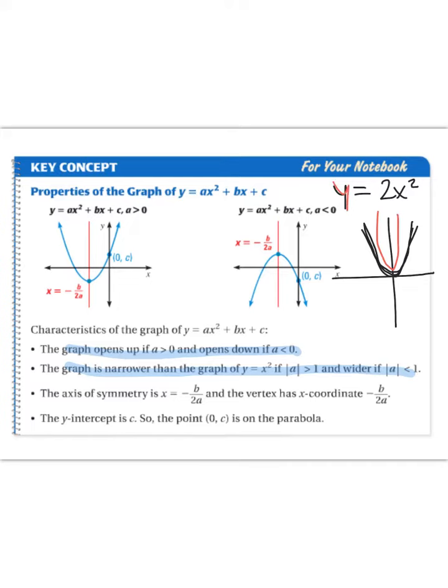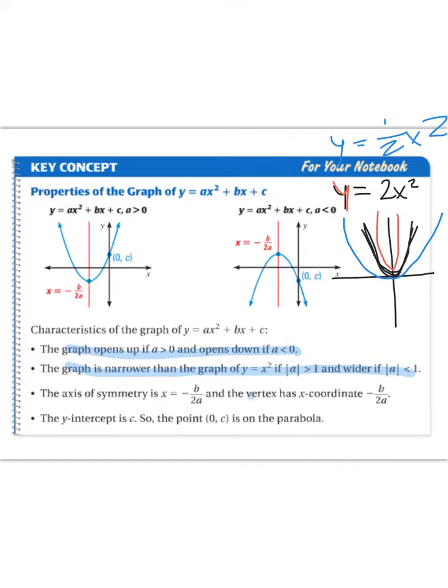This is our red one. But if we had y equals 1/2 x squared, this is going to be wider. So if we have a fraction in front of our x squared, it's going to be wider than our parent graph, and if we have a number greater than 1, it's going to be narrower.